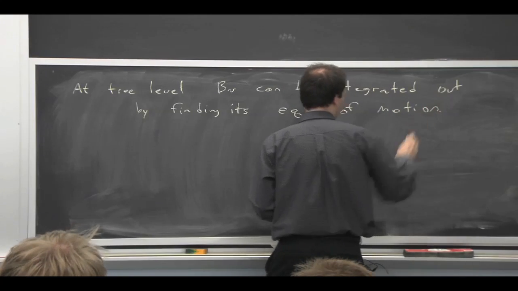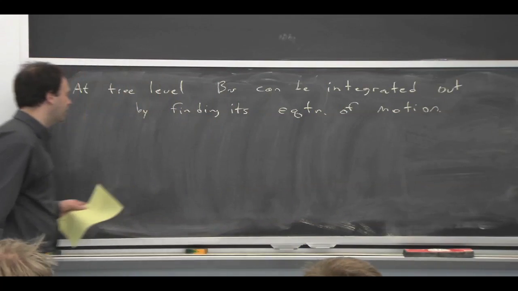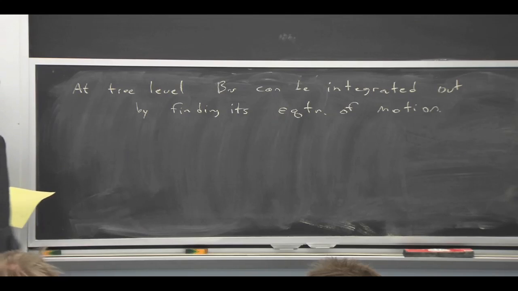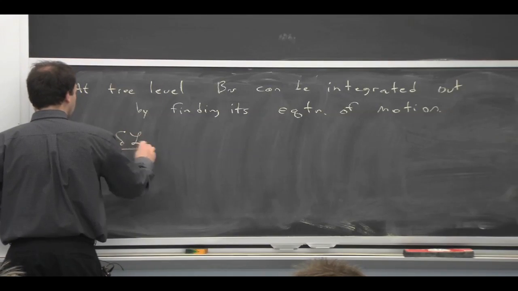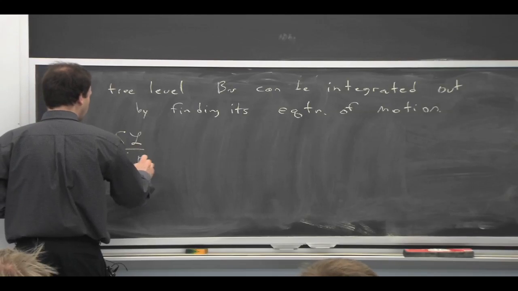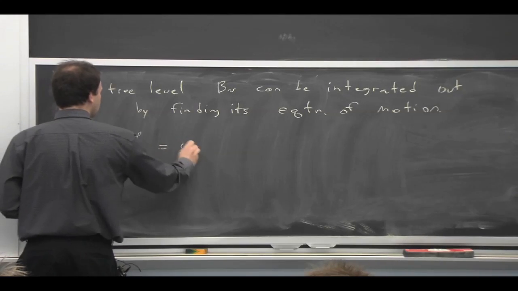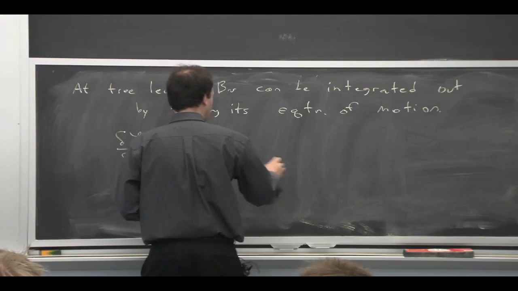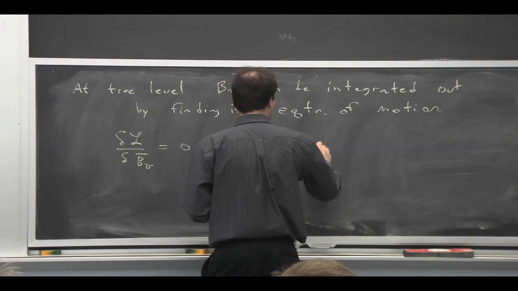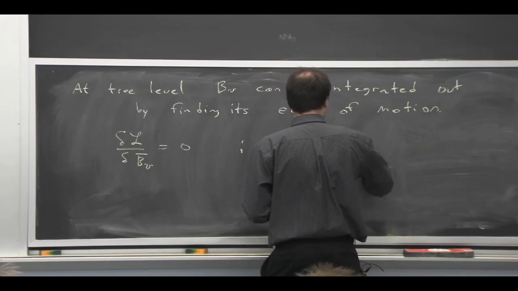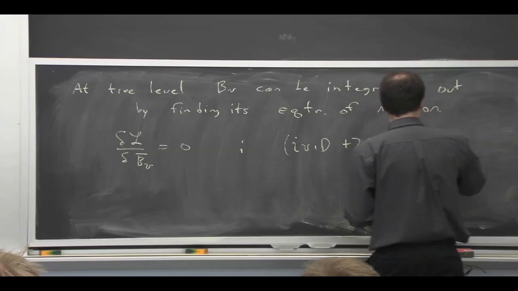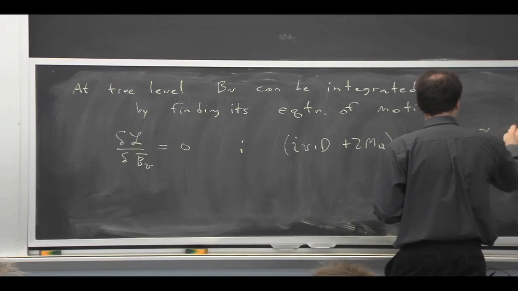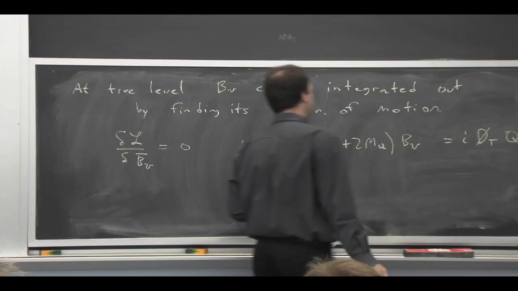So the type of diagrams I was drawing before where we had this wiggly line, it was a B_v propagator. We can integrate out that by solving for the equation of motion. So we look for the variation with respect to B_v bar and set it to 0. And that gives this equation.